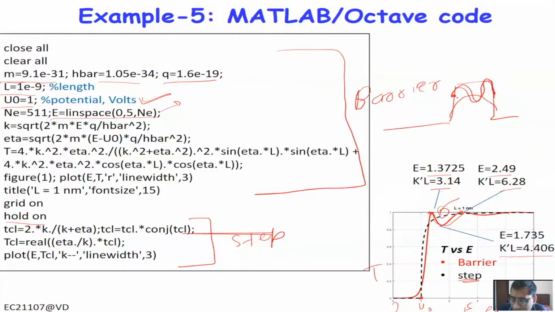So it's kind of resonance, right? Where the thickness of the barrier is an integer multiple of lambda by 2, right? So you can write 2n plus 1 here. Correct?